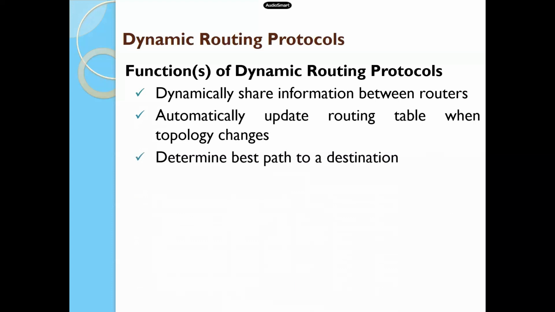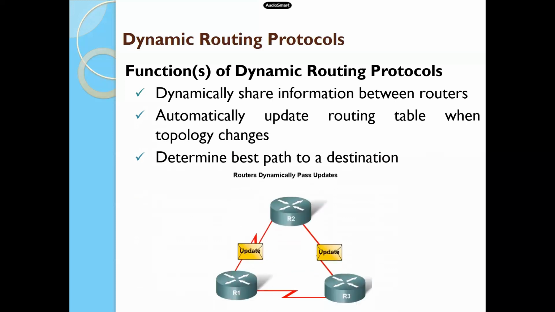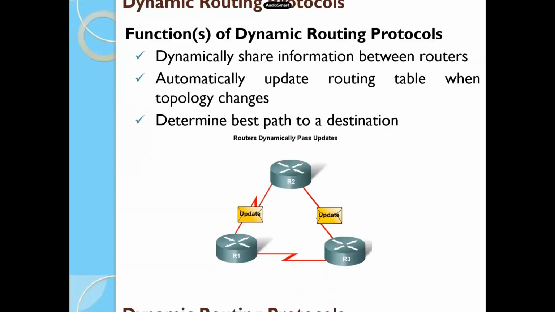And since it kind of monitors the network around, it determines the best path for the destination. So there you go. This is an example here where all the routers update their routing tables or their status automatically among themselves. So yeah, they pass message updates. It doesn't have to be a data message or something. It was just an update message for the routing table.